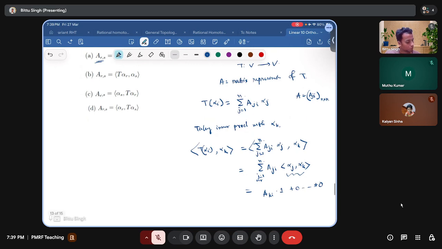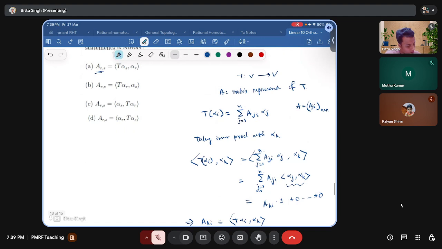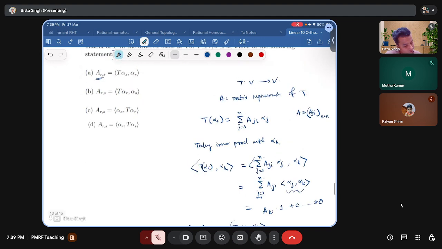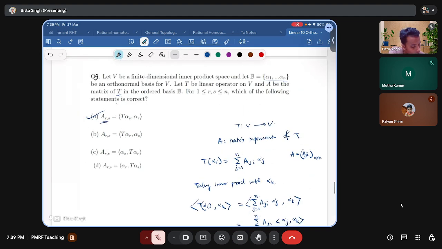So from here the conclusion is that a_ki is the same as the inner product of T alpha i and alpha k, and instead of a_ki I am writing a_rs. So a_rs is the same as the inner product of T alpha s and alpha r. This is the correct answer. Is it clear to all of you?